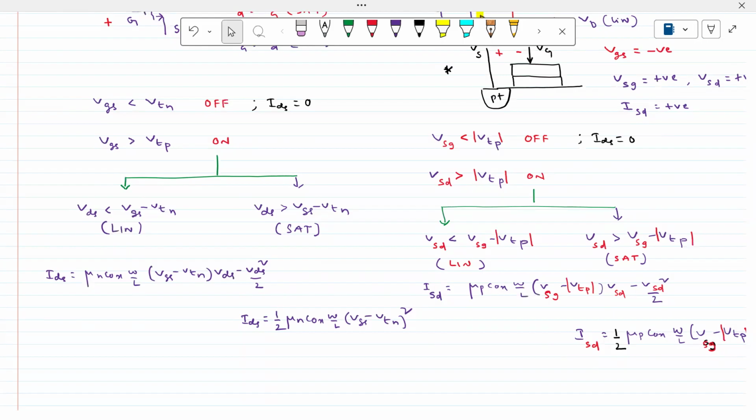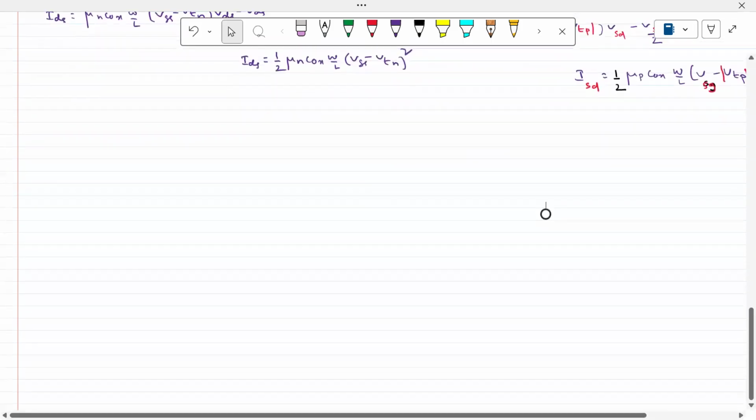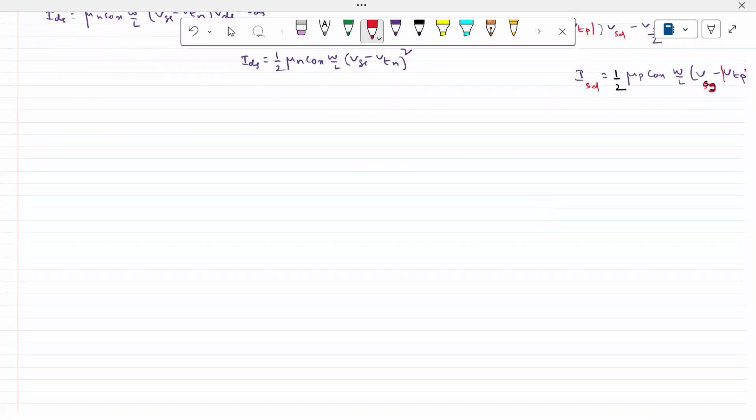Some exercise problems we will do. Find the region of operation of the following.